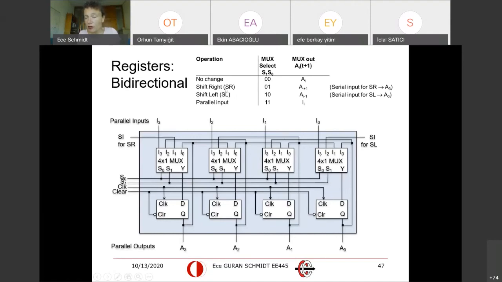You can do shift right. We learned this shift register, right? So we can do shift left, providing external inputs for shift right and shift left. And you can load externally in one shot 4 bits that are provided as the parallel input. Okay, so this is the universal bidirectional shift register.